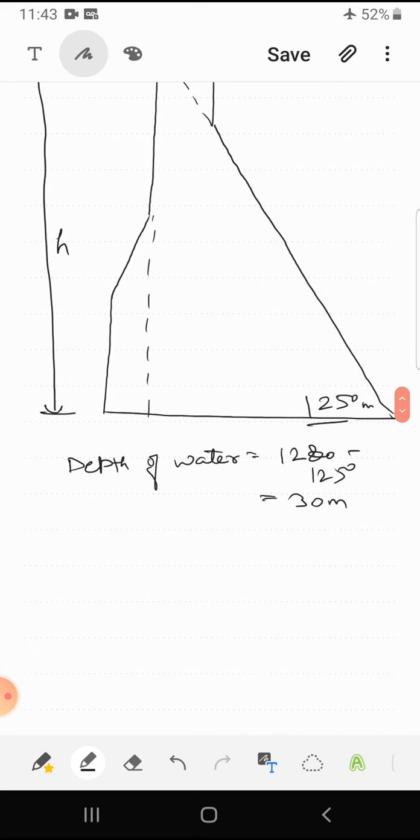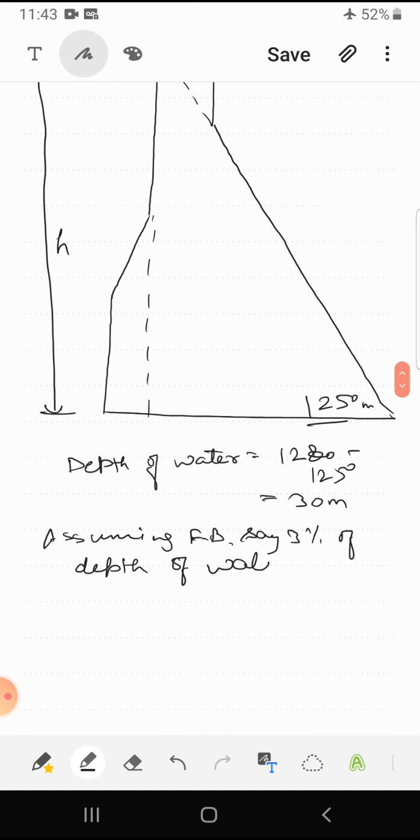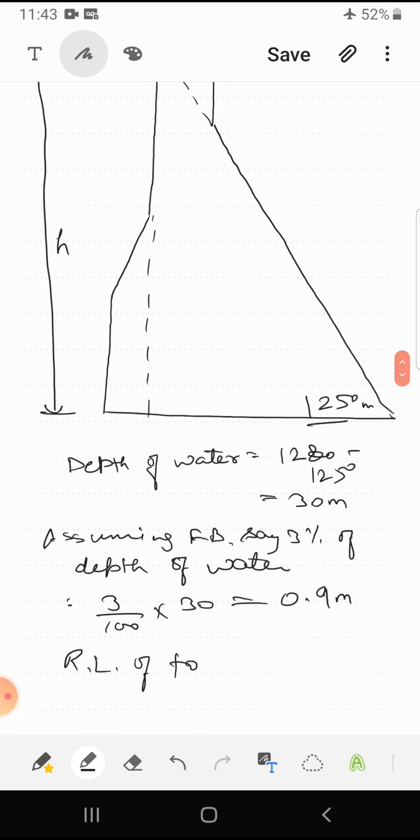Now assuming freeboard, say 3% of depth of water. So now it will be 3 upon 100 into depth of water, which is 30. It is 0.9 meters.